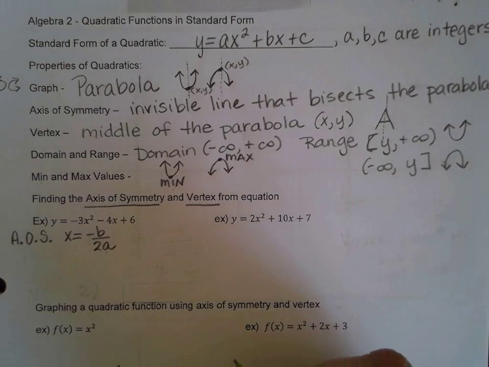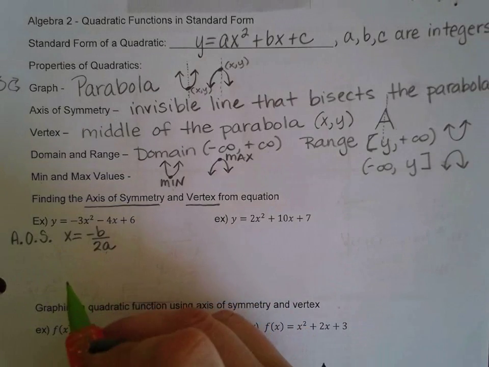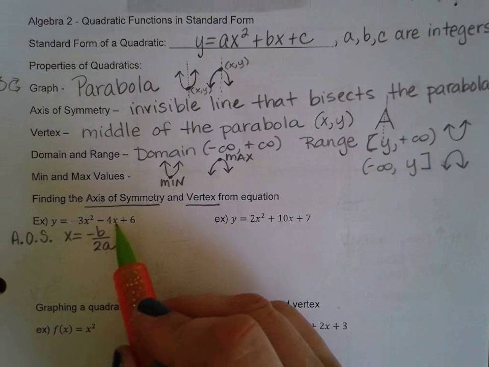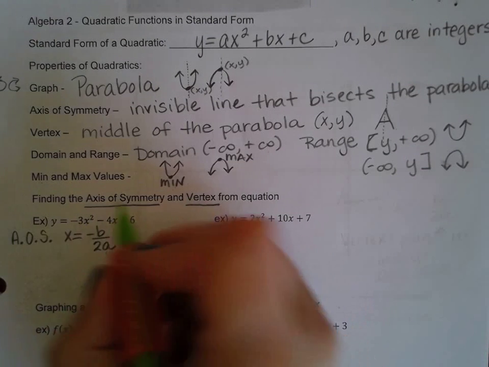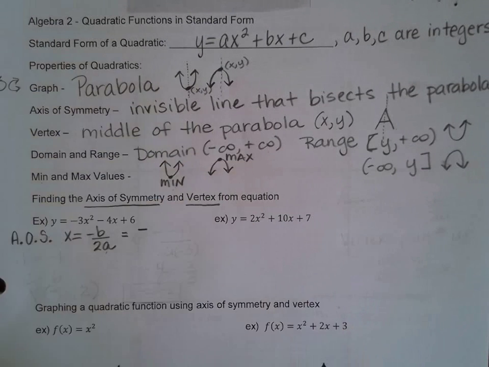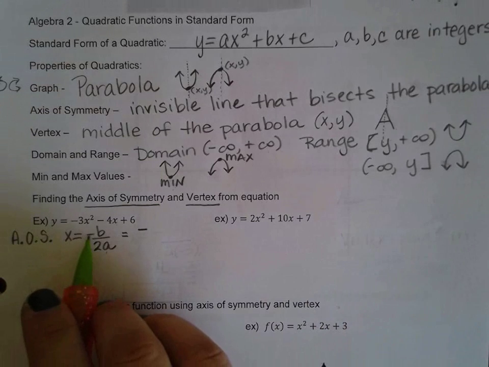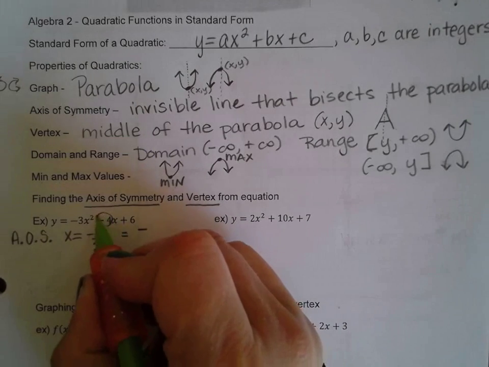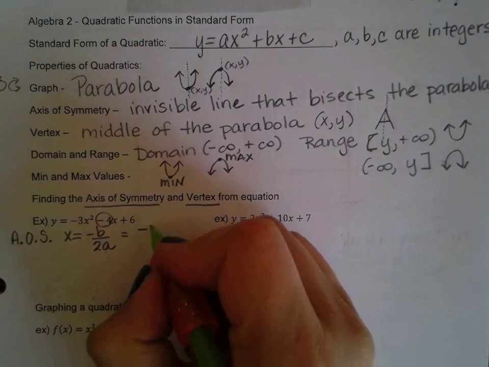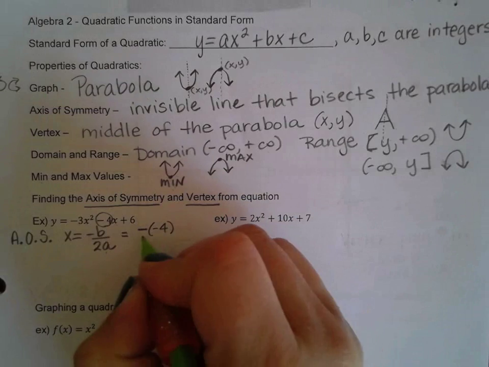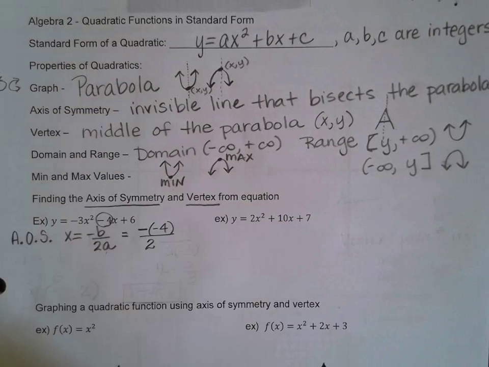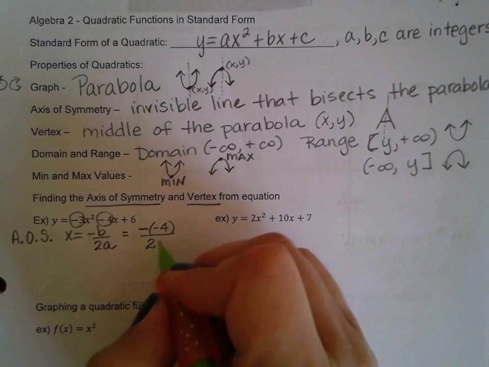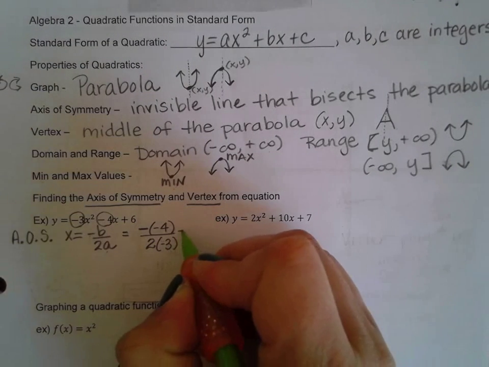So when I find my axis of symmetry, I'm going to use the number in front of x squared and the number in front of the x. So this is going to become negative, because there's a negative right here, and then whatever b is. Well, b happens to be a negative 4. So it's a negative 4 over 2 times a, the number in front of x squared, so 2 times negative 3.